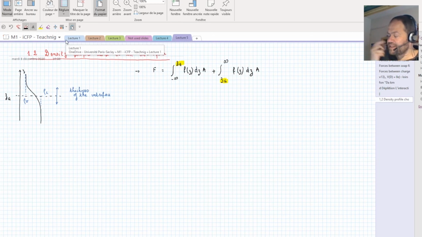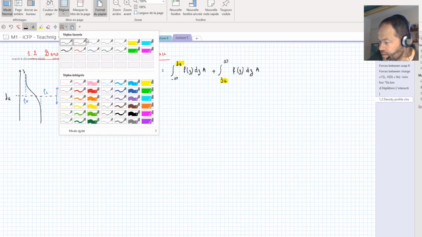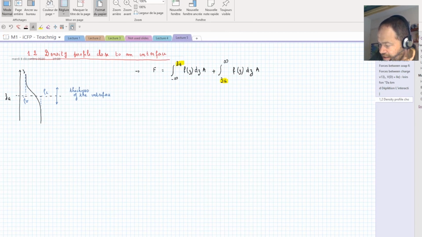What is interesting is to compare this situation to the situation where we have assumed that the profiles are abrupt. And we can calculate the excess free energy compared to this situation.